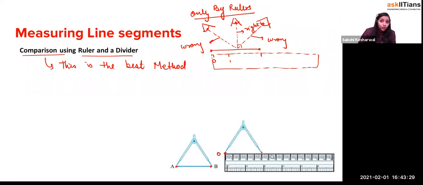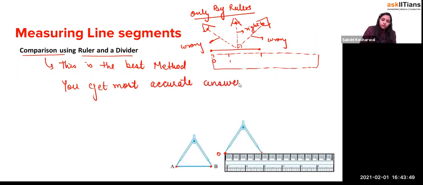You don't have to worry about whether you're looking from this angle or that angle, or just straight. So this is the best and most appropriate method, and you get the most accurate answer from this, right?